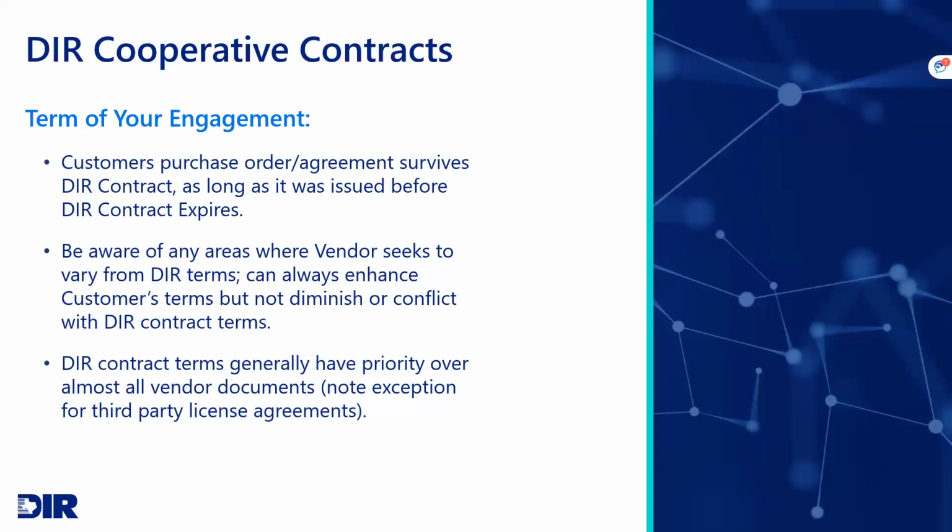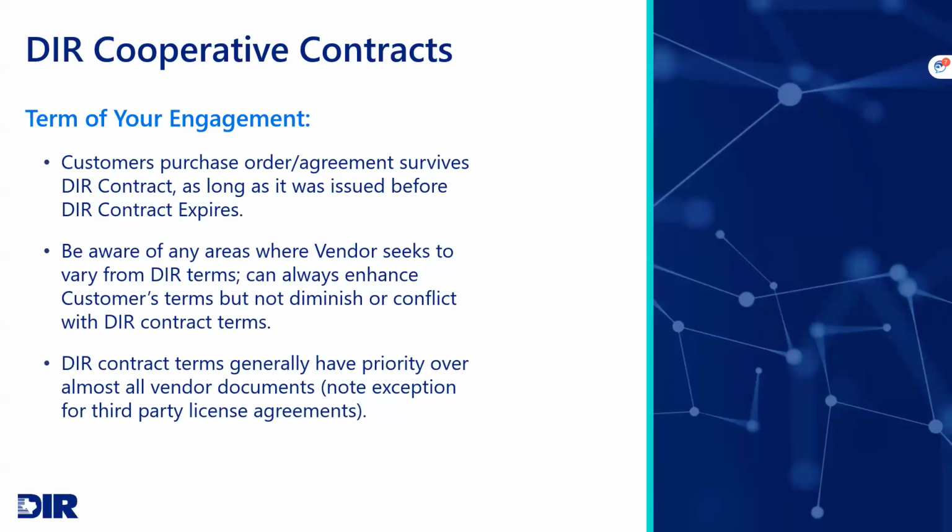So if you've got CJIS requirements or HIPAA requirements, or you need additional acceptance criteria, it's okay to negotiate those things because we've already negotiated the T's and C's with the vendors. If you need to negotiate additional T's and C's with our vendors, you're in the driver's seat on that. Just keep in mind that they can't diminish or conflict with DIR's terms and conditions.